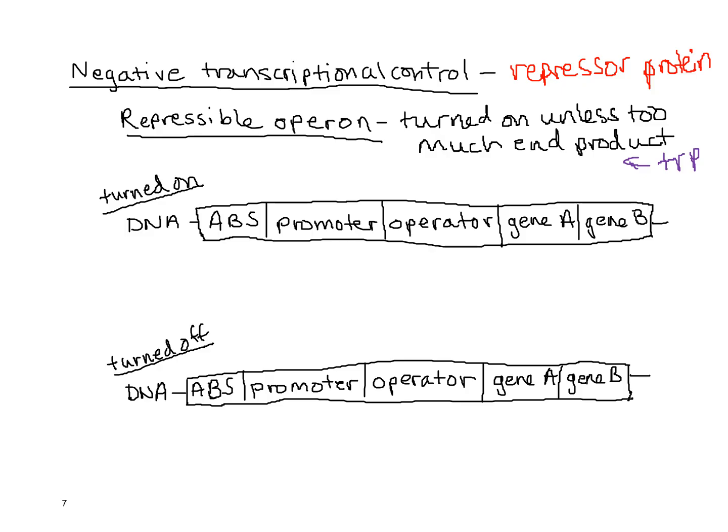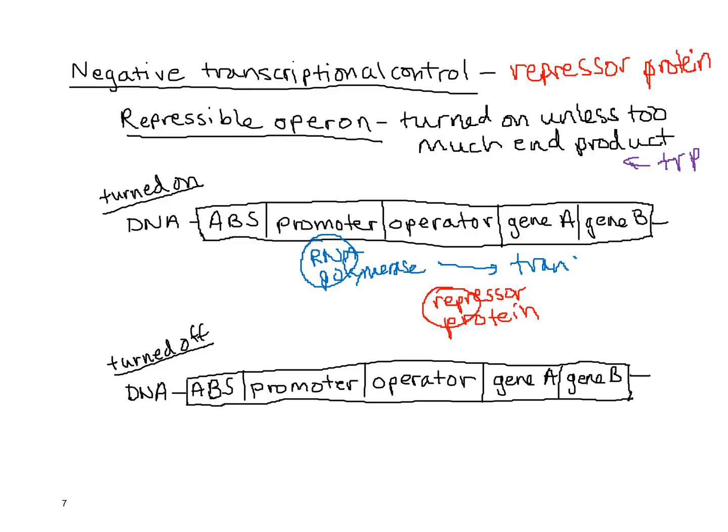The repressor protein would need to be off of the operator for this Trp operon to be turned on. If a repressor protein is off of the operator, that means our RNA polymerase can bind to the promoter, and we can go ahead and do transcription. So that would be the Trp operon turned on.